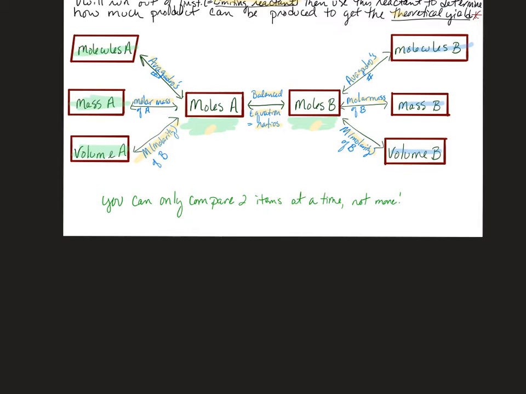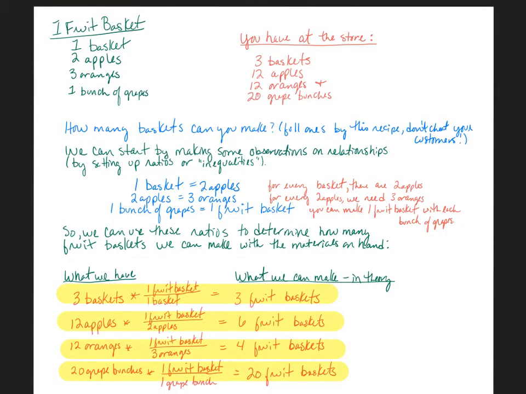So just remember on this, you can only compare two things at a time, not more. So I'm going to keep copying and pasting in this chart so we can see what our map is going to be moving forward on each of the problems. But before we do that, let me revisit where we were with our fruit baskets. So remember, this was what a fruit basket consisted of, and this is what we had at the store.